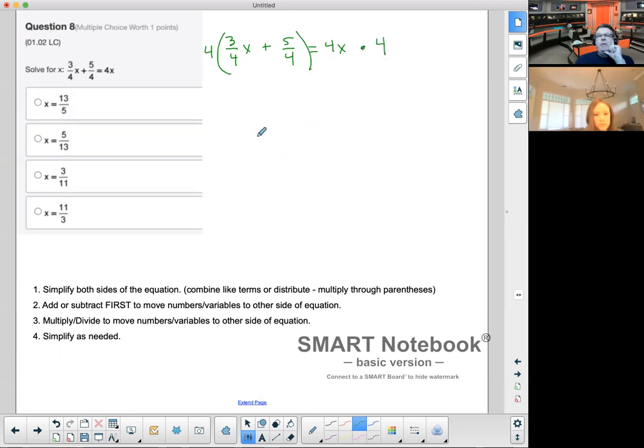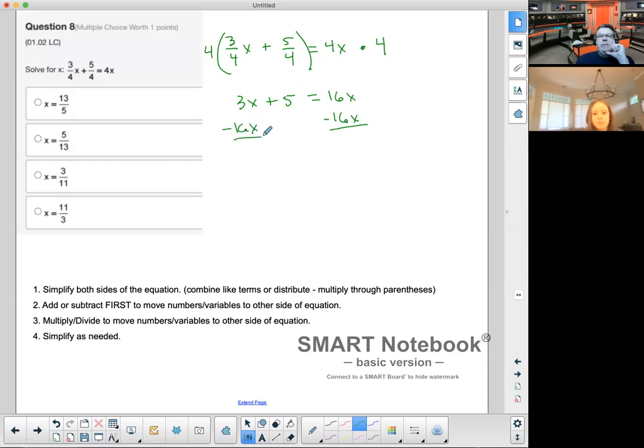Okay, then what happens on the left side? It got simplified to 3x plus 5 equals 16x. Charlie, you're killing it. Now what? I moved 16 to the 3x. So I subtracted 16 from both sides.